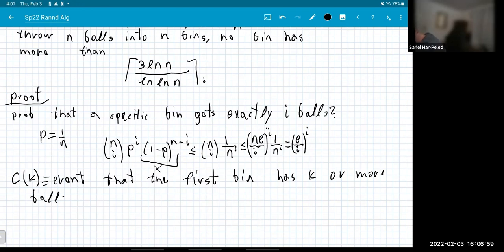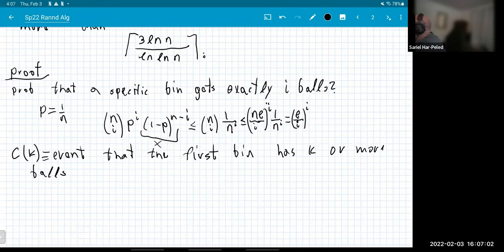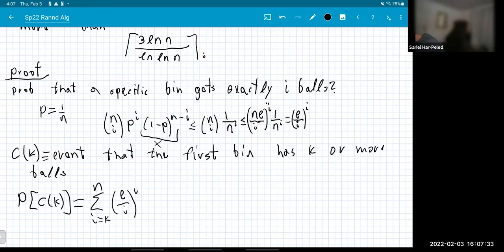Now I can bound it. The probability of C_k is just the sum, over i going from k to n, of the probability that I have exactly i balls in this bin, but we bounded it from above by e over i to the power i.